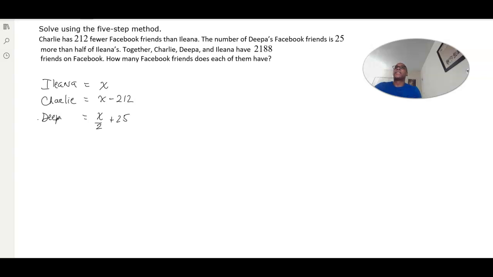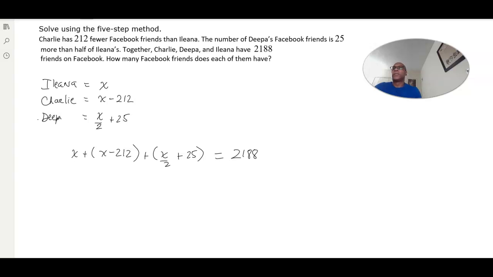And it says here that the sum of all of them together equals 2,188 friends. So let's add them up: X plus X minus 212 plus X over 2 plus 25 equals 2,188. I believe you had that.